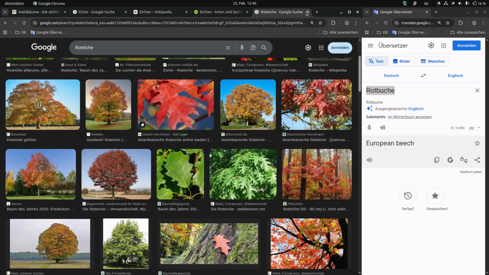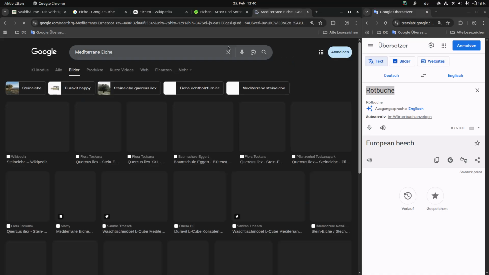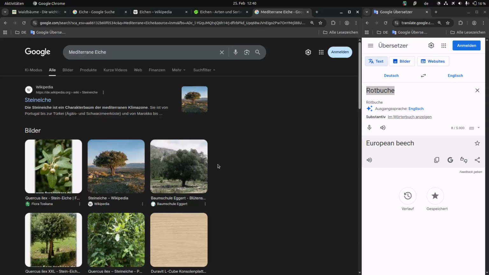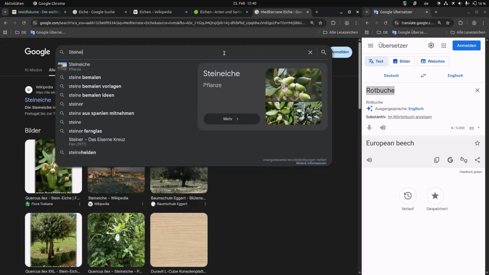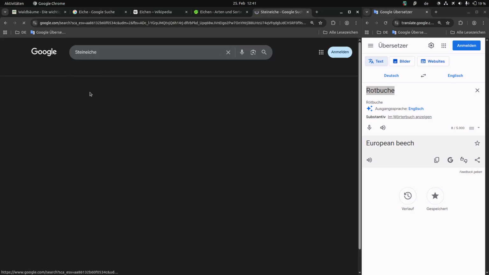And another one I wanted to pull up was the Mediterrane Eiche, which is maybe the Steineiche, the stone oak, or holm oak I think it was called. So we already pulled that up, and it should look like that.